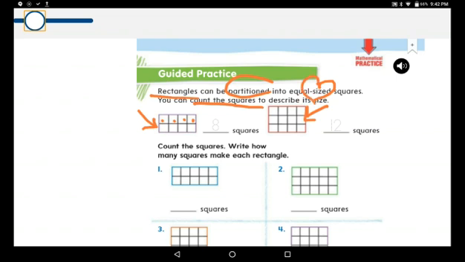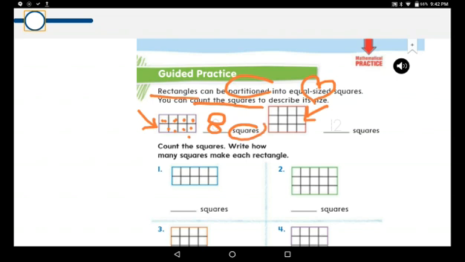So let's count the squares. 1, 2, 3, 4, 5, 6, 7, 8. So here I used 8 squares to cover this rectangle. So what size is this rectangle? This rectangle is 8 squares. Now let's do the same with the second rectangle.